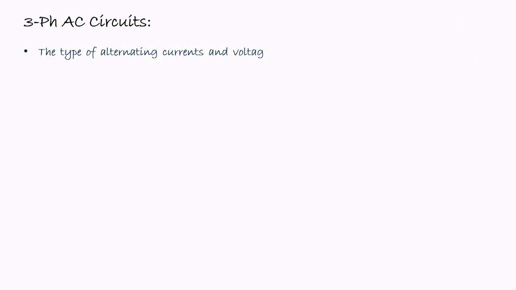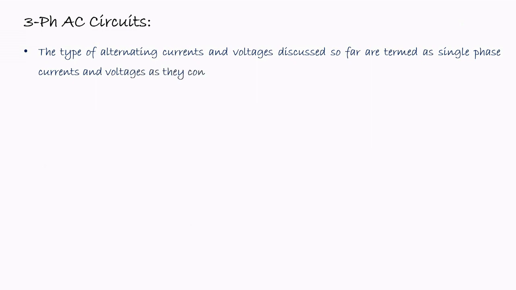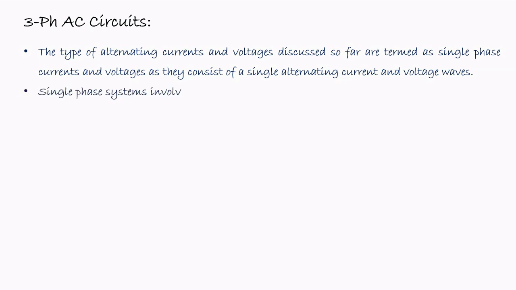The types of alternating currents and voltages discussed so far are termed single-phase currents and voltages, as they consist of a single alternating current and voltage wave.